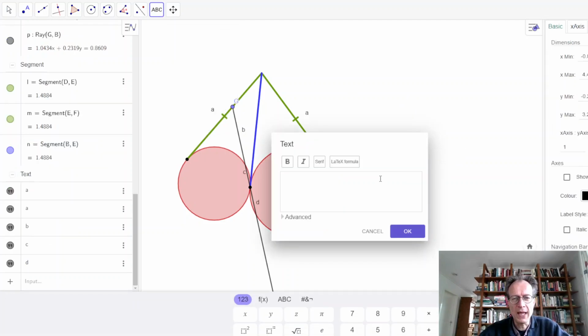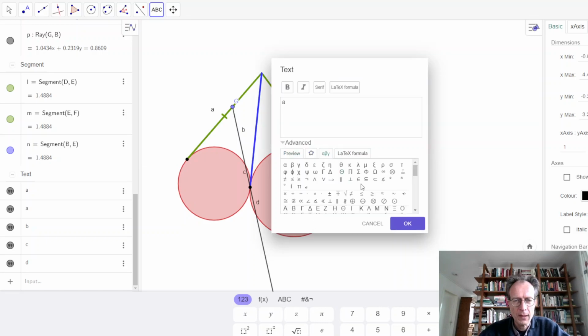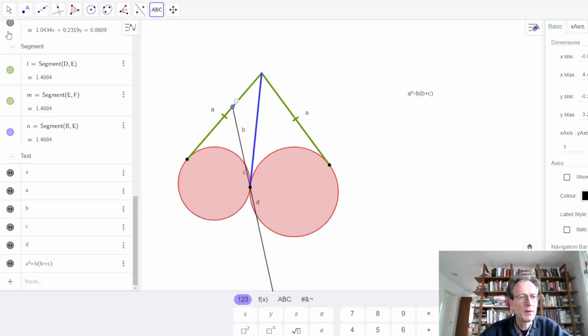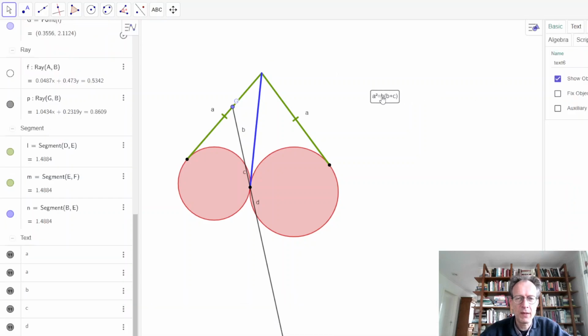So we have A squared, that's the power of the point, but it is also equal to b times b plus c. That's the power of a point theorem. So that's a first equation we have: b times b plus c is the power of a point of this G with respect to the smaller circle, and that's A squared.